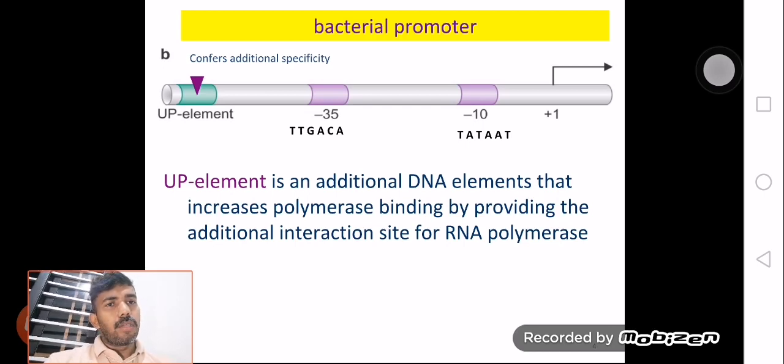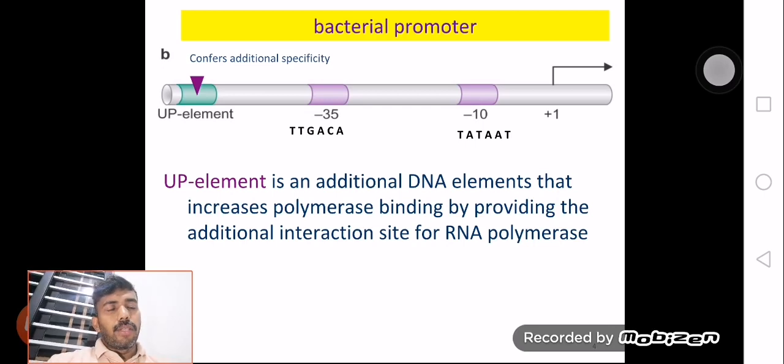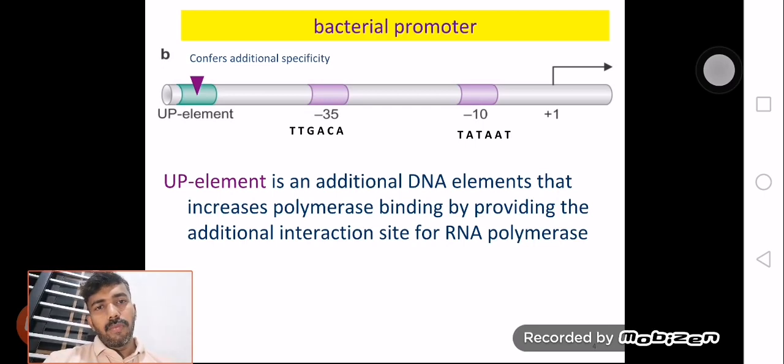The sequences are also given there, like TATAAT at -10, which is also called the Pribnow box. All the additional sequences in the promoter region will increase the frequency of transcription of that particular gene. Such promoters with additional elements are conventionally called strong promoters.